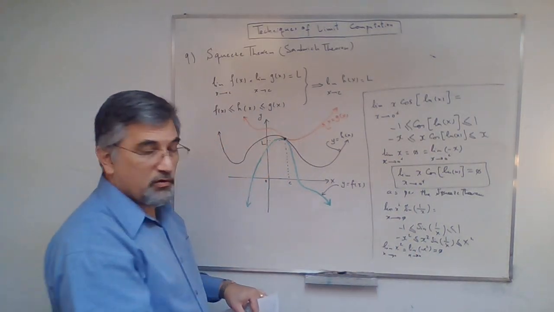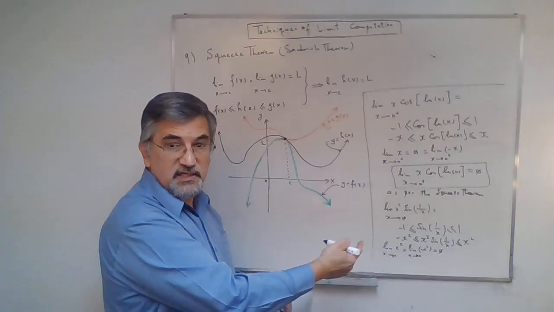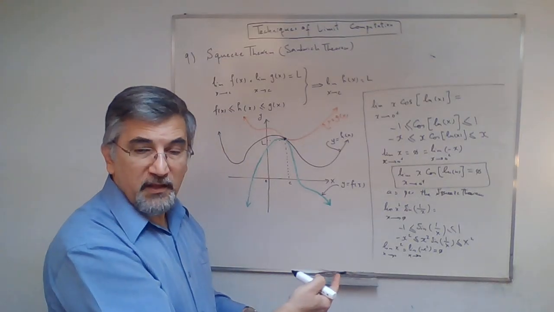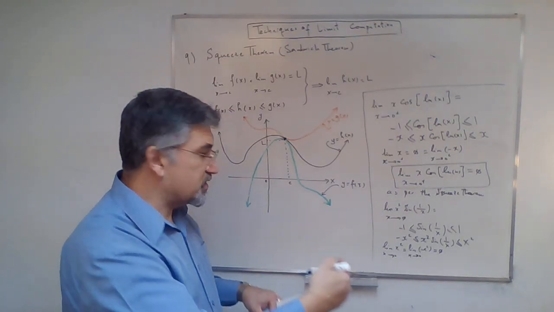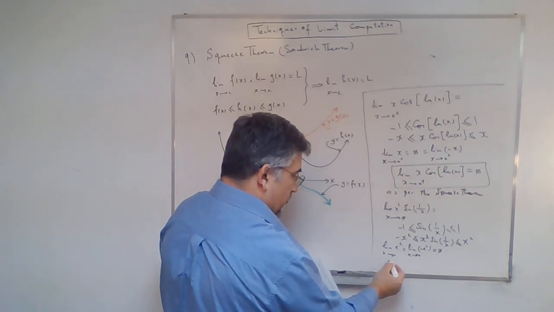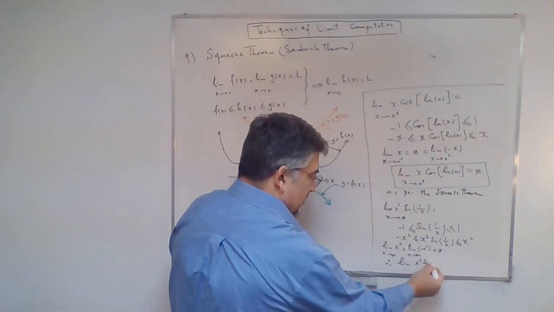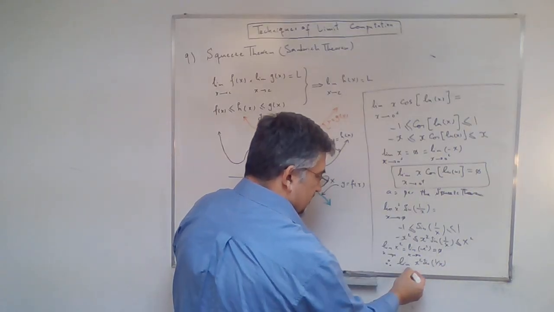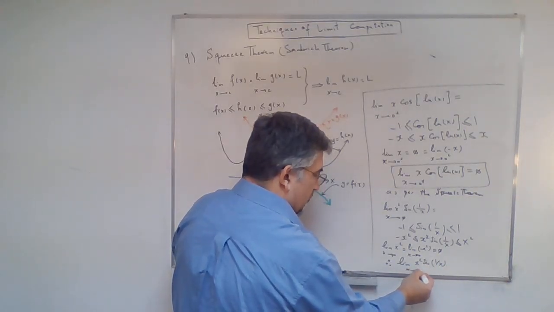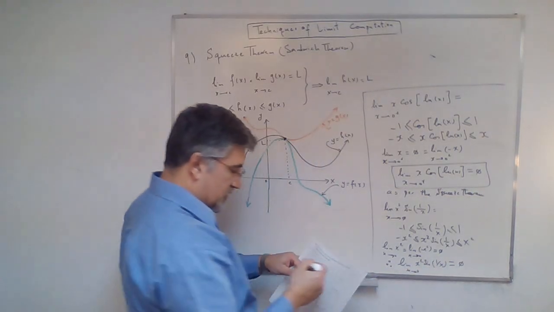Our function x squared sine of 1 over x is squeezed in between these two quadratic functions, x squared and negative x squared. Therefore, according to the squeeze theorem, one more time, we can say that the limit of x squared times sine of 1 over x when x approaches 0 is also equal to 0.